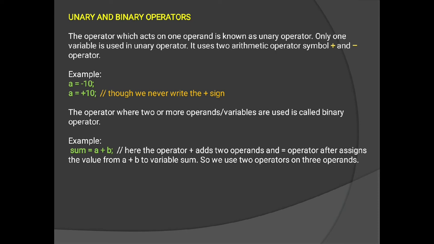In this formula, the values of a and b will be added and assigned to the variable sum. So what do you get here? The plus symbol adds two operands or variables. This plus symbol is associated with the two variables a and b.